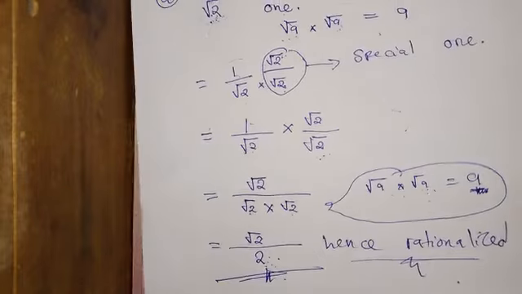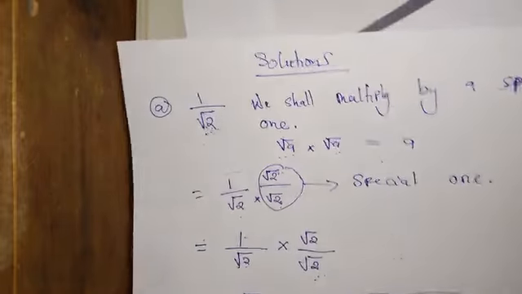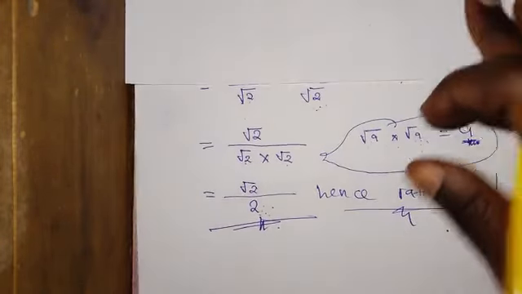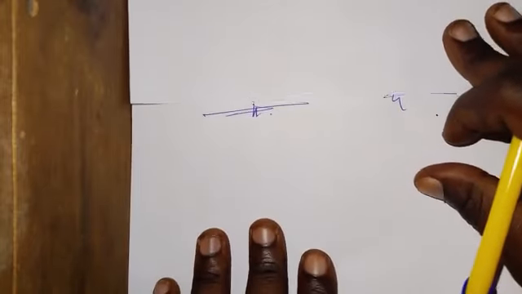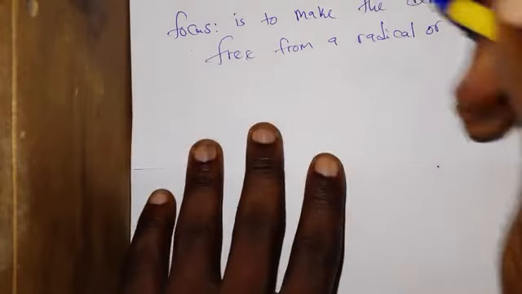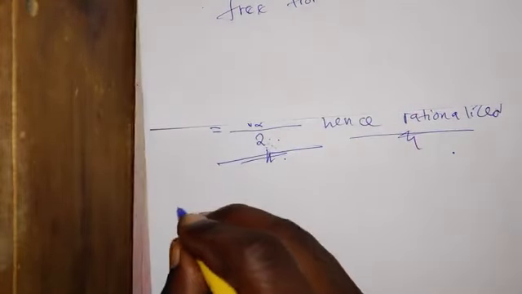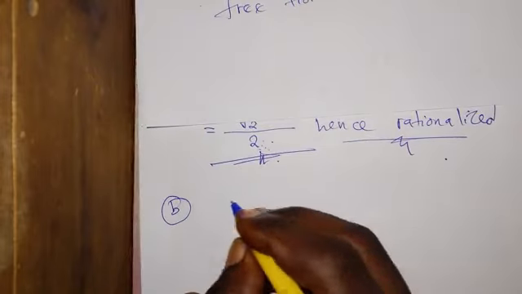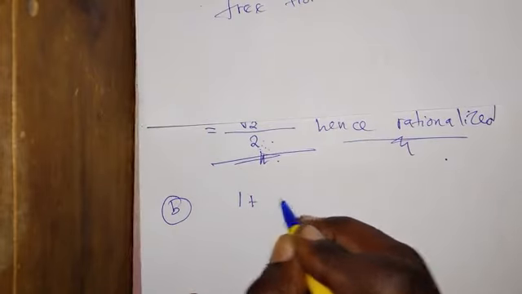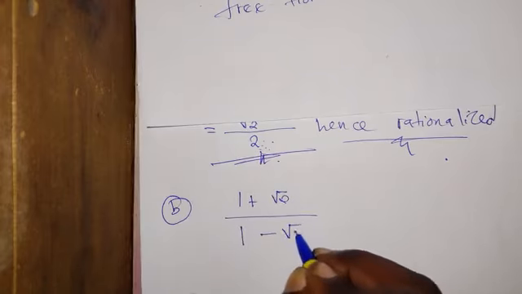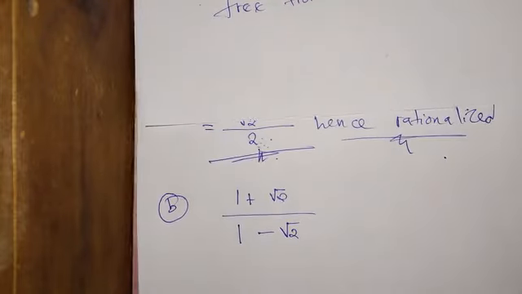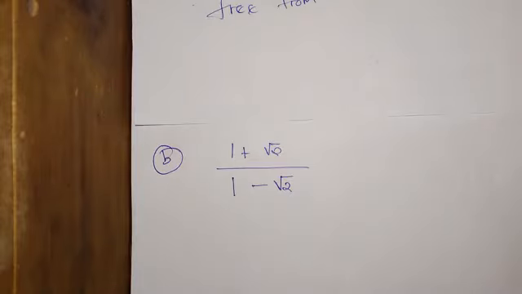Let's look at the second question. It says, rationalize 1 plus root 2 over 1 minus root 2. We want to rationalize this one.